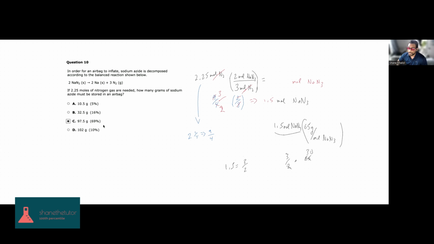And then 3 times 30 is 90. And we know our answer should be a little bit higher than 90 because I rounded down here. So that brings us essentially to our answer of 97.5 grams. So that's a little bit of a math trick there. So hopefully that's useful.